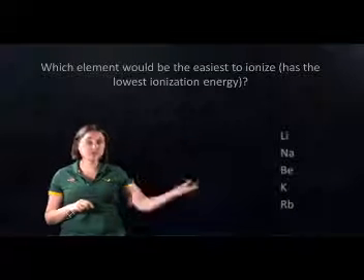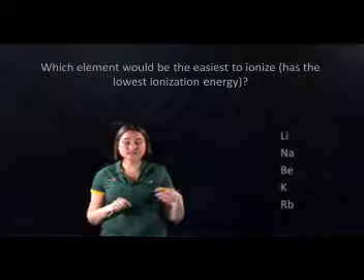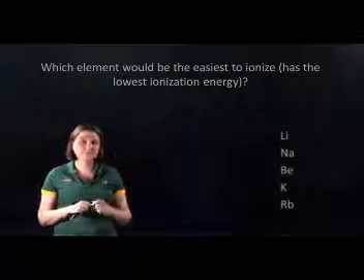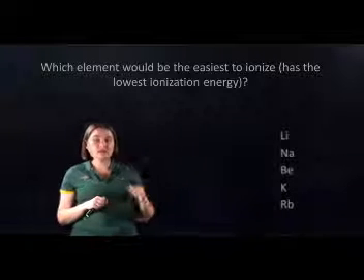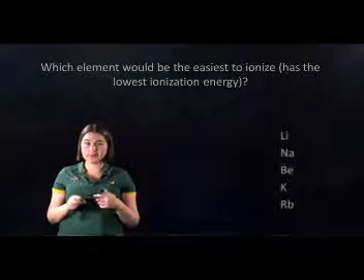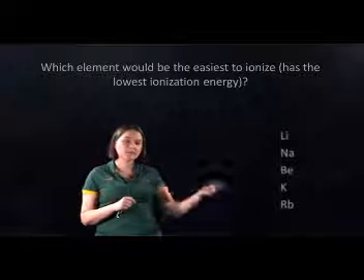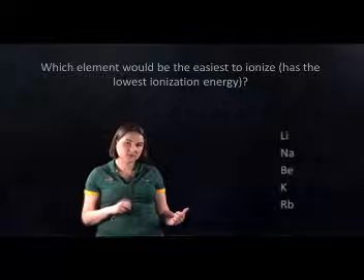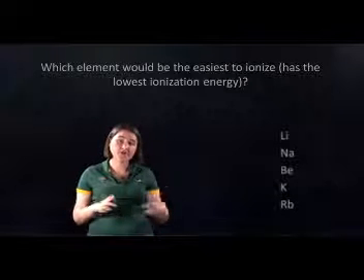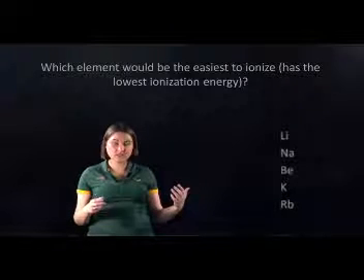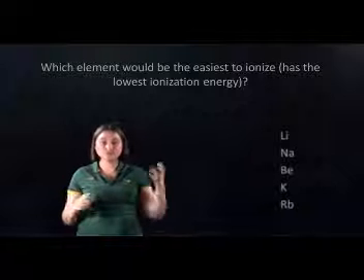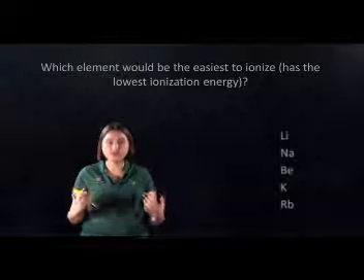So this question wants to know which one on this list is going to be easiest to ionize. That means you've got to figure out which one would be most likely to form a cation. Remember that as you go down the periodic table, as you get larger and you're adding energy levels, it's easier and easier to remove an electron from the atom.